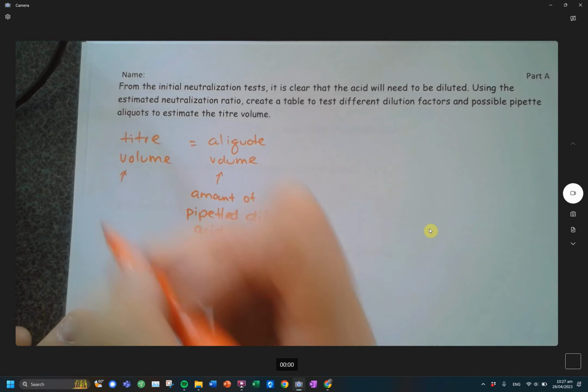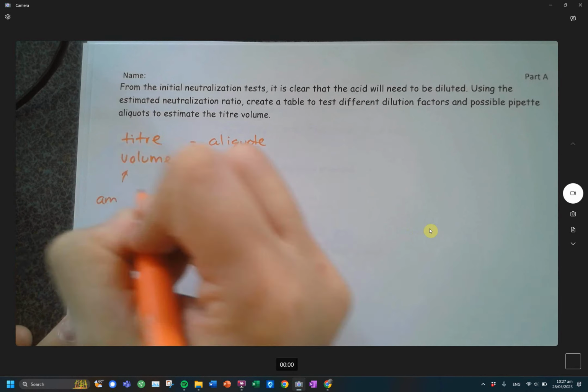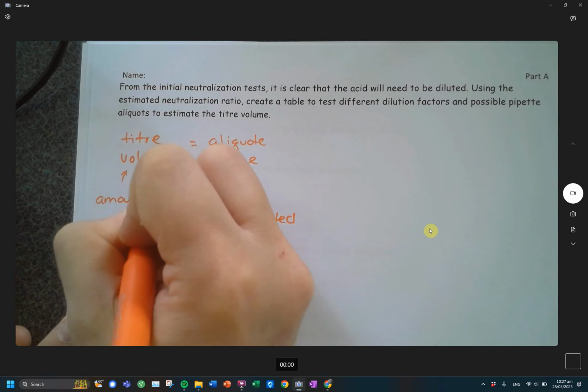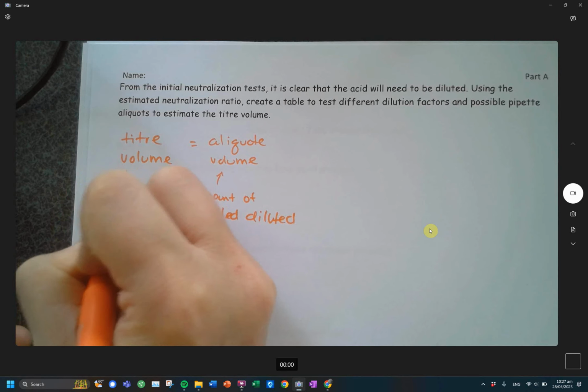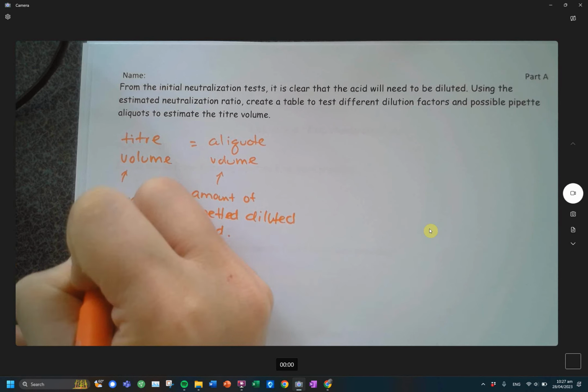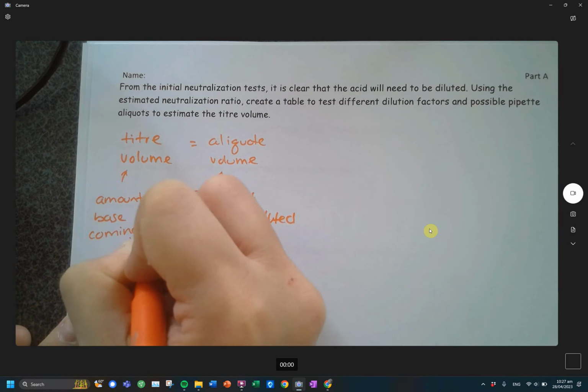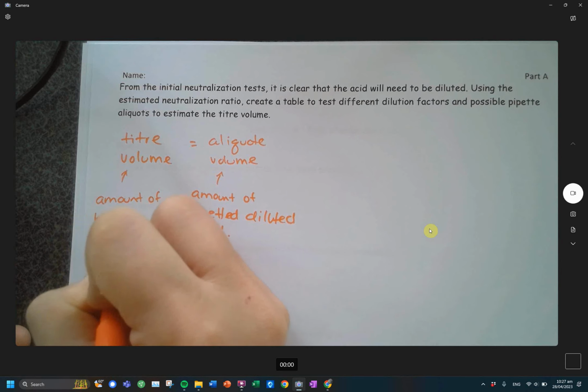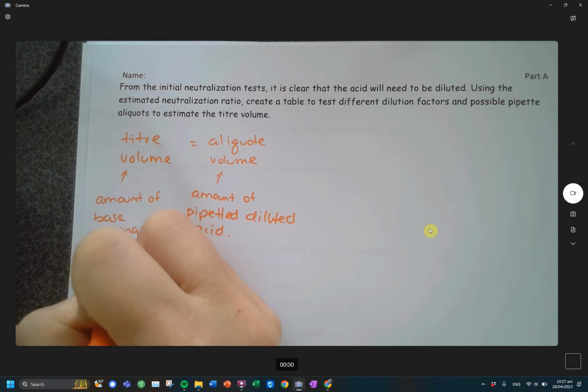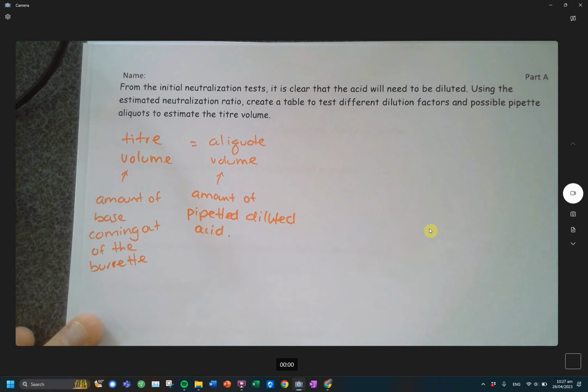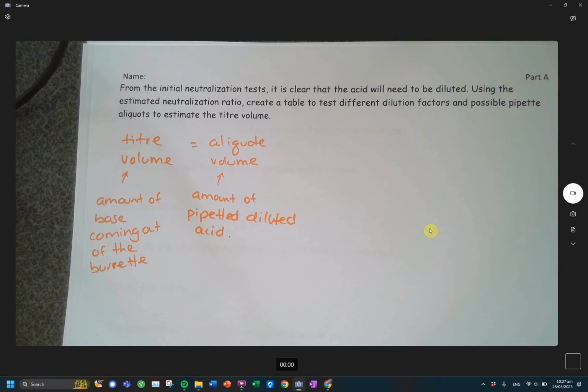And this here, we are talking about the amount of base coming out of the burette. I think there's only one R in burette. Are we okay so far?